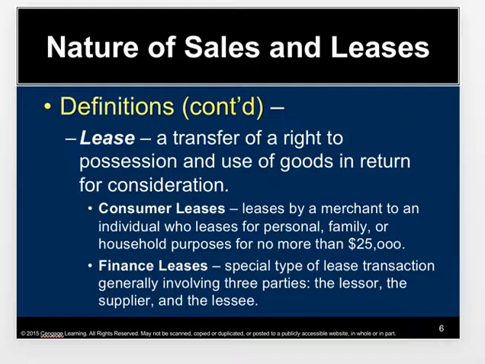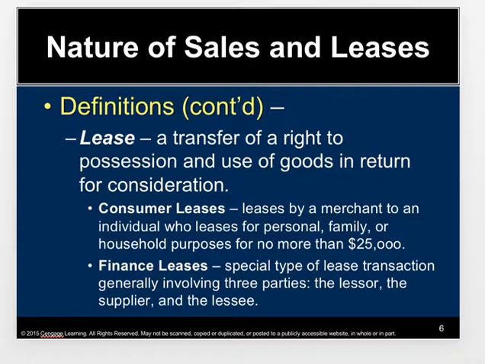If it's greater than $25,000, then at that point we don't consider that to be a consumer lease. That would really now cross over into a commercial lease. But again, the key factor here in the definitions is that the lease must be between a merchant and an individual, right? And then the individual must lease for personal, family, or household purposes.